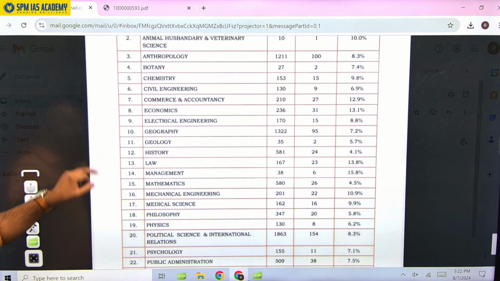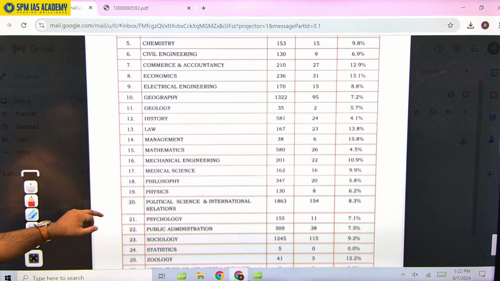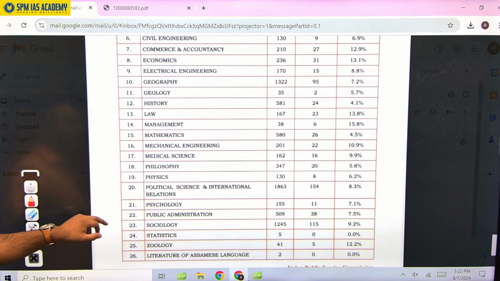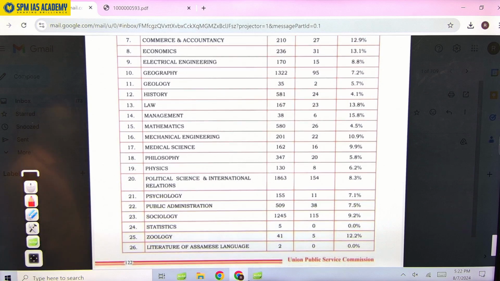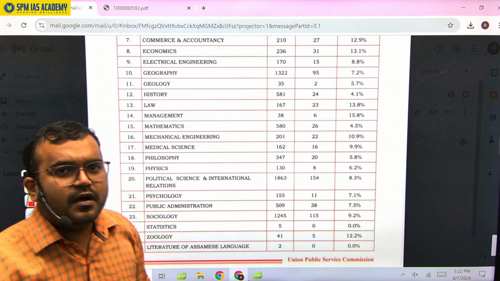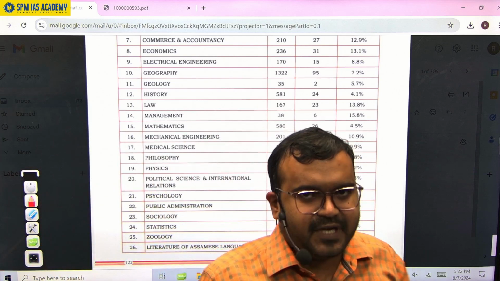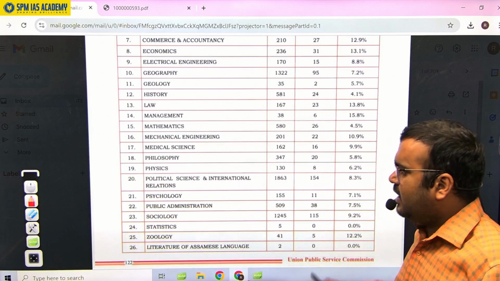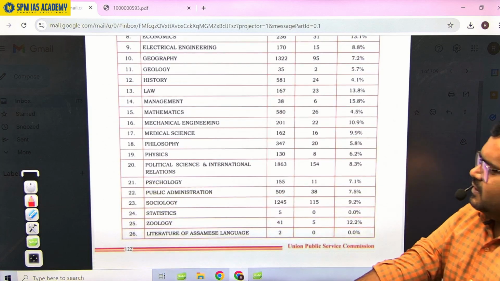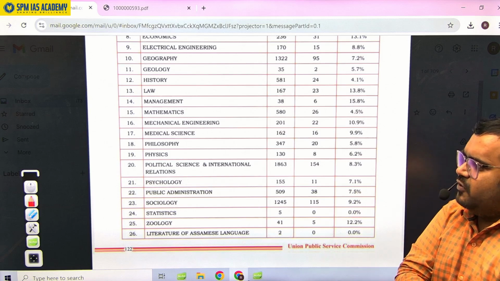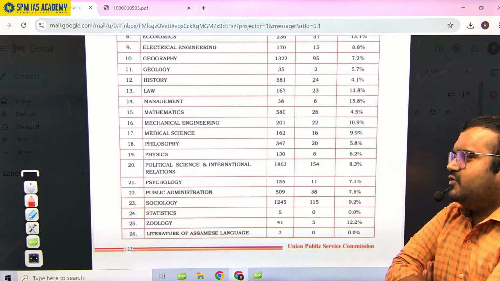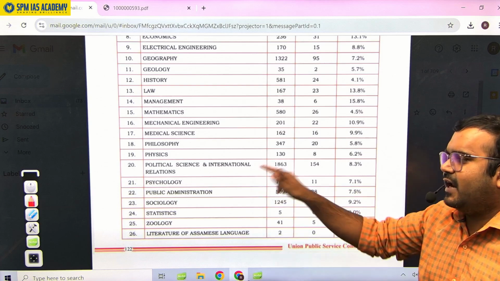Now you have to keep one thing in mind, right? There are other optionals where the number of students who have chosen that optional is not very great, yet the success rate is relatively better, especially in case of your literature subjects. Now the very popular subject in UPSC civil services, political science and international relations.